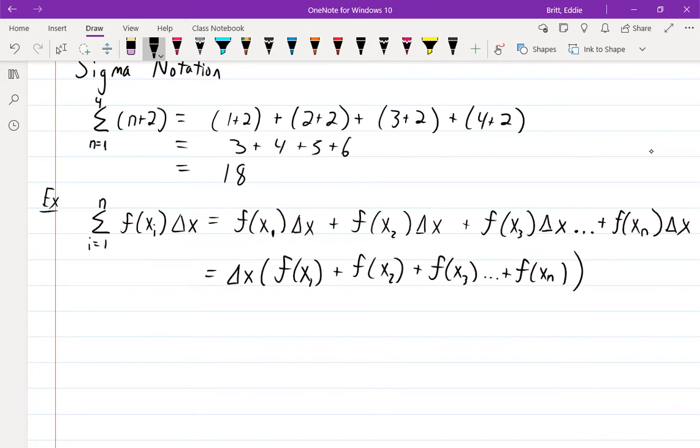And the reason I would be able to do that is because you're multiplying each time by some constant, a change in x, a delta x. And it would be a lot easier to work it out this second way and find values of y for each x value.